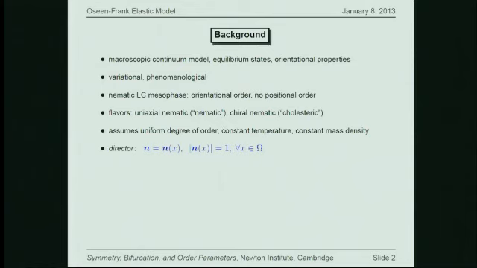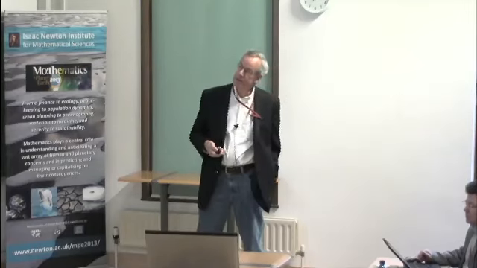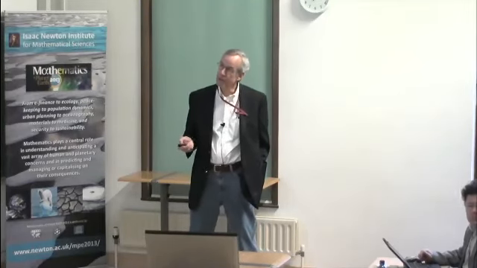And then the key state variable that describes the orientational state of the system is this unit vector field n hat, which is known as the director, which can be thought of as the average orientation of the distinguished axis of the molecular architecture in a fluid element at a point. Or you can think of it as, as the Q tensor was mentioned in various talks yesterday, the distinguished eigenvector of a uniaxial Q tensor. So this is the dependent variable in the model.